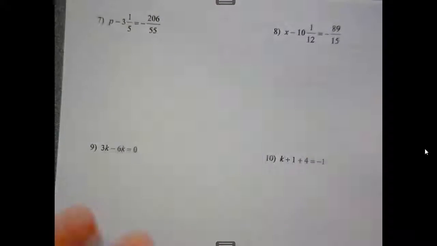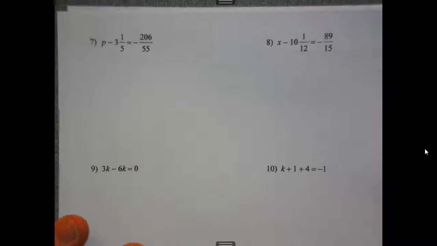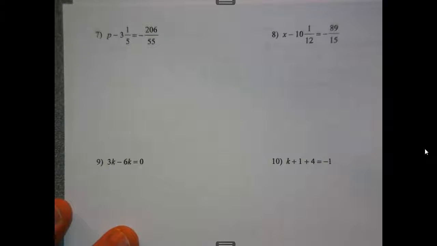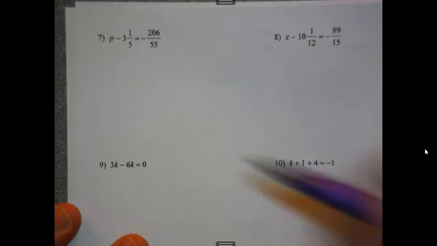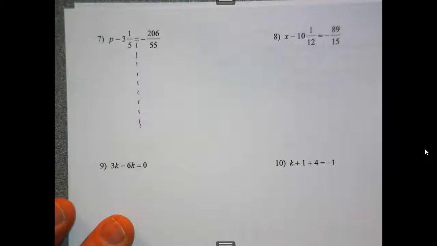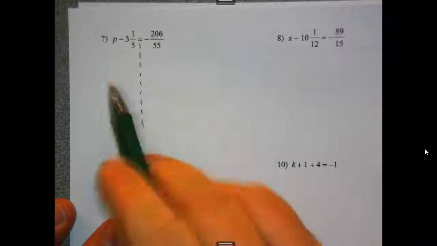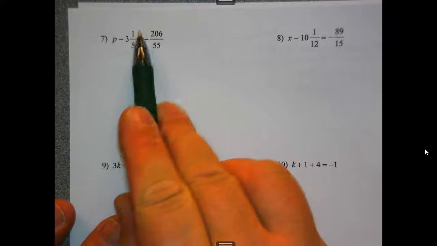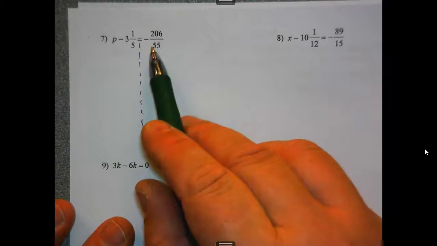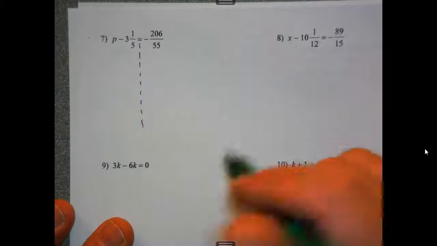Number 7. Yep, you're going to do the evens. Okay. I have p minus 3 1/5 equals negative 206/55.